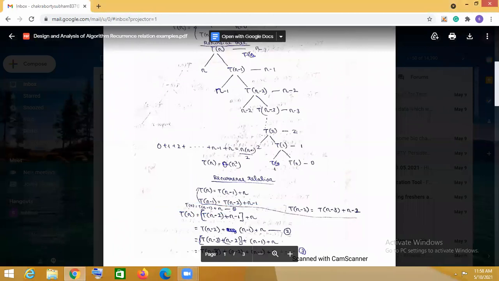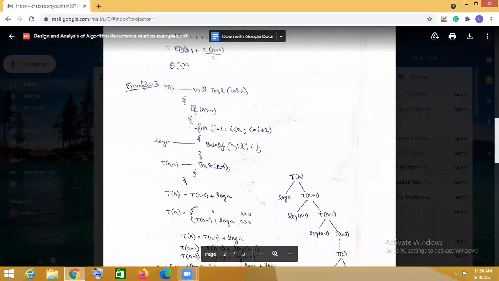In this example you can see that our loop is executed for I equal to 1, I less than n, I equal to I into 2, and the value of I is printed. And the function is calling itself. Now, you can see I have omitted calculating the time for this loop and this function.